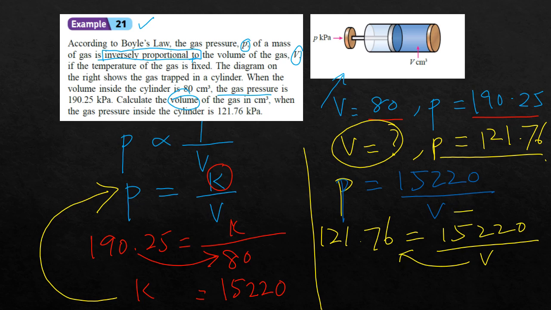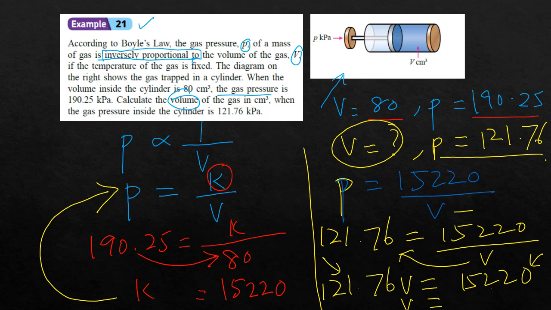So this one will go up, right? 121.76 V equals 15220. So your V will be this one divided by this one.